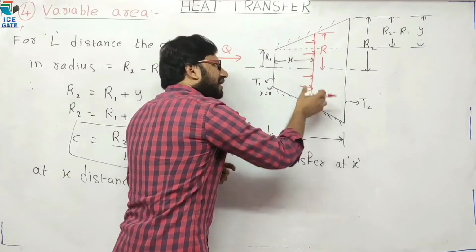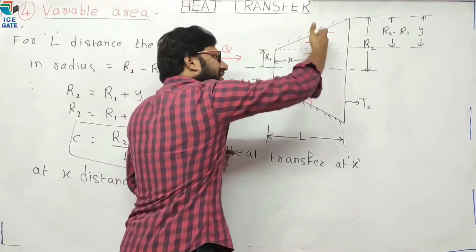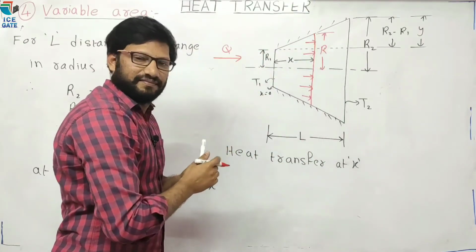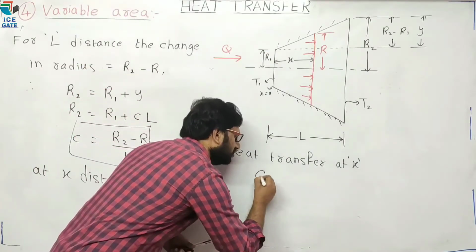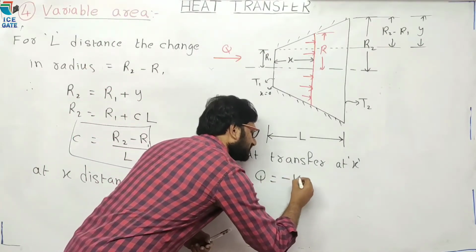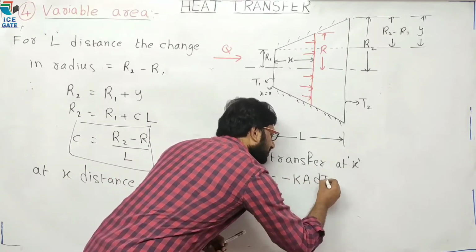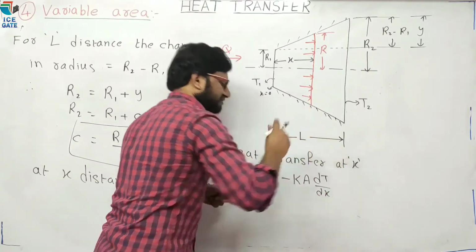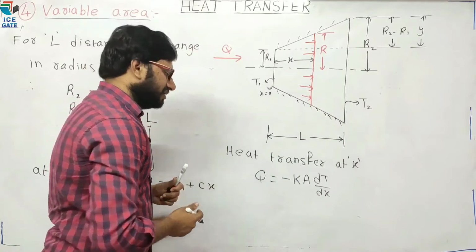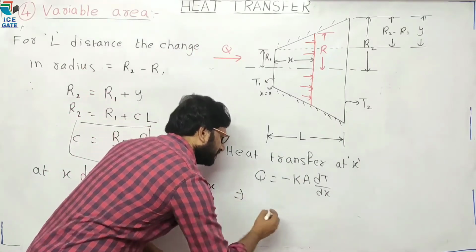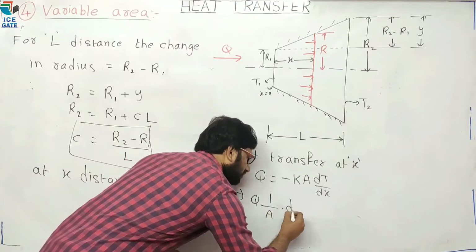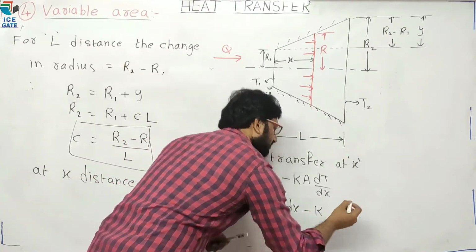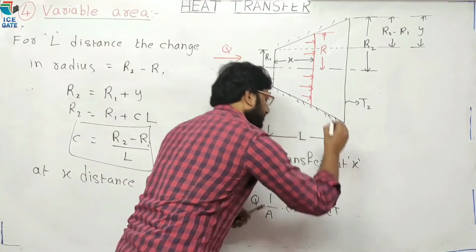Heat conducting at x distance, exactly at this plane. Now according to Fourier law, we know that heat transfer equation Q is equal to minus K A dT by dx. Right. Now this can be Q times 1 by A into dx equals minus K dT.